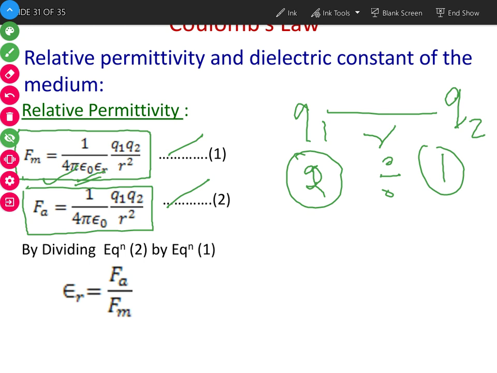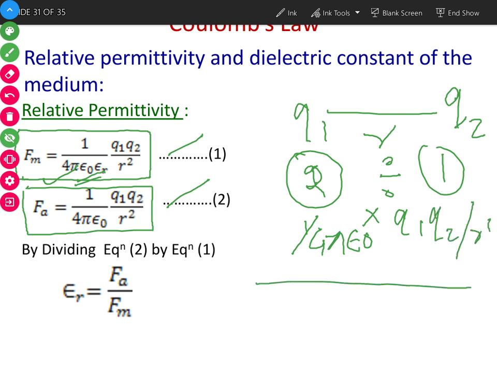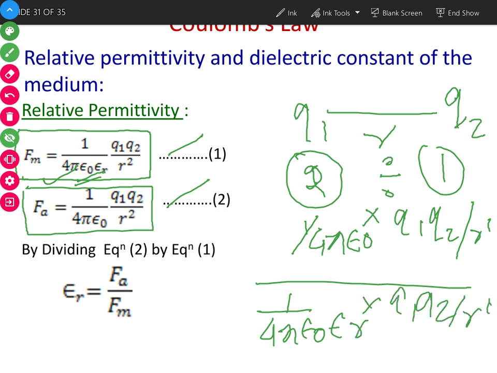equation number 2, that is 1 upon 4 pi epsilon naught into q1 q2 upon r square divided by 1 upon 4 pi epsilon naught epsilon r into q1 q2 by r square. This one and this one, epsilon naught, cancel out.